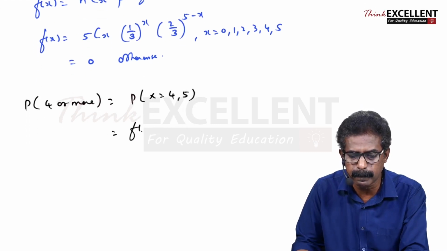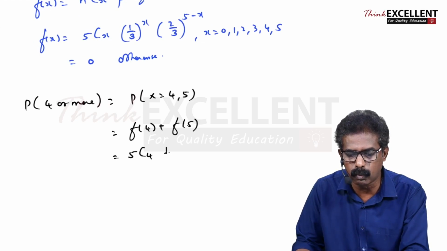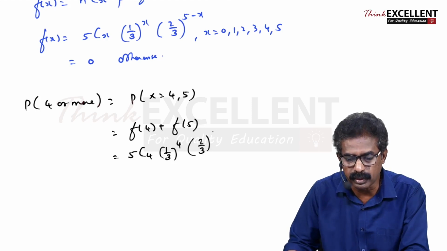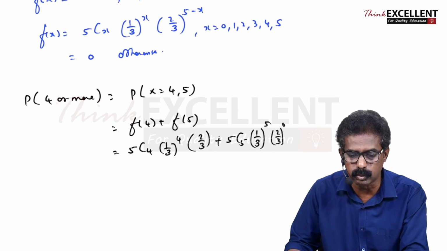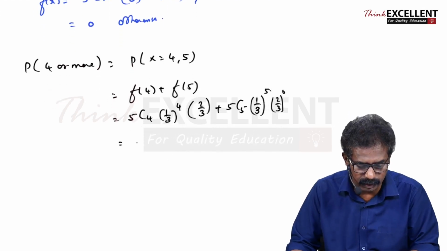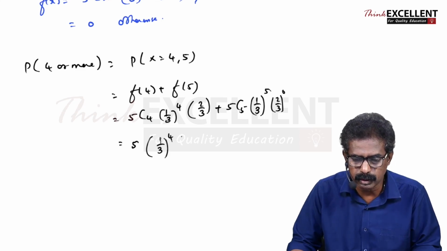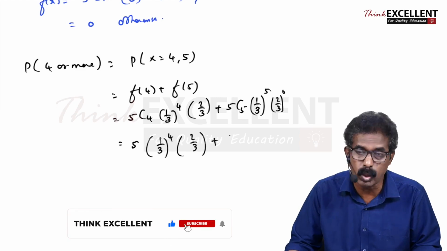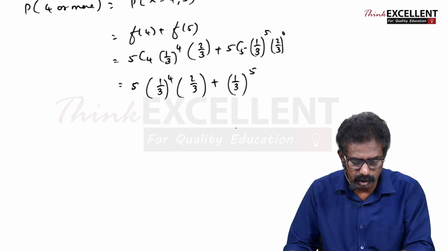So f of 4 plus f of 5. f of 4 is 5C4, 1 by 3 raised to 4, 2 by 3 raised to 5 minus 4, it is 1, plus 5C5, 1 by 3 raised to 5, 2 by 3 raised to 0, that is 1. 2 by 3 raised to 0 is 1, right? 5C4 is same as 5C1, so it is 5. 1 by 3 raised to 4 into 2 by 3. 5C5 is 1, 1 by 3 raised to 5, any number raised to 0 is also 1.